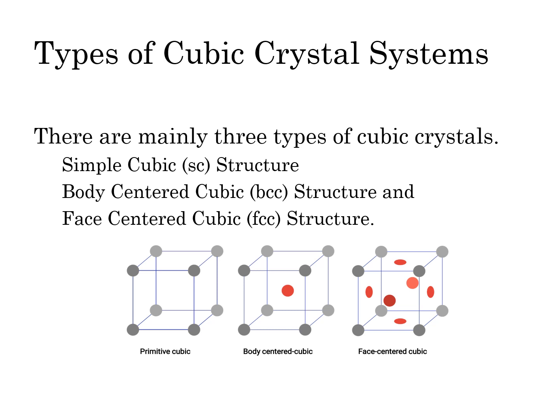Here simple cubic means there are atoms at the 8 corners of the cube. Body-centered cubic structure is, apart from the 8 corner atoms, there is an atom at the center of the body. Face-centered cubic structure means there are 8 corner atoms and the atoms at the 6 faces of the cube.